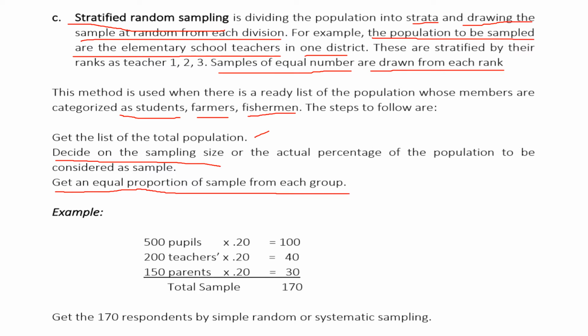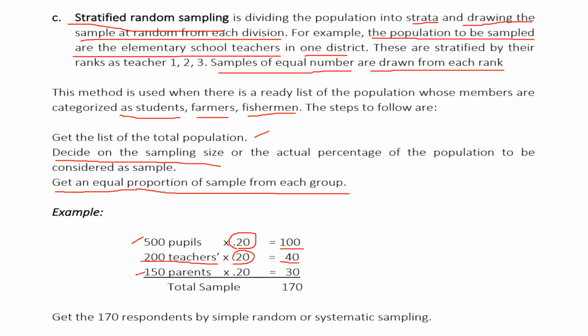So for example, 500 pupils, we multiply these 500 pupils by 0.20, which is 20%, or simply equal to 100. Your 200 teachers will be multiplied by the same 20%, and that will be equal to 40.